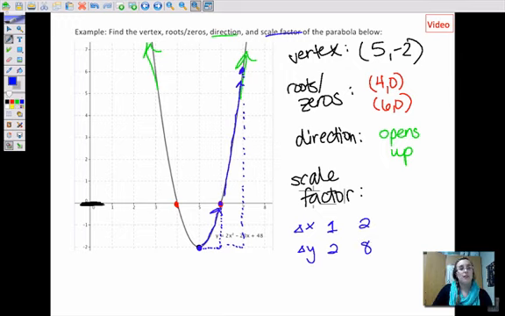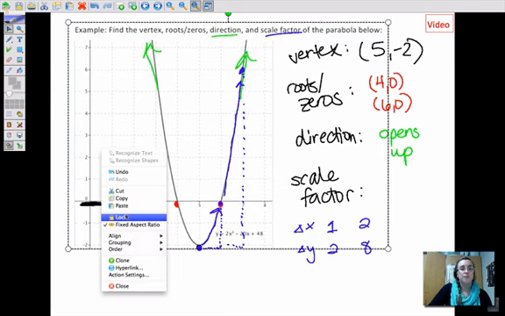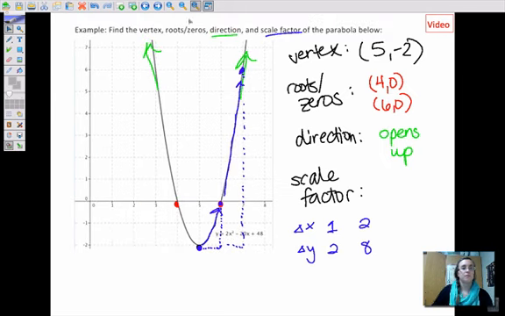And I want to compare that to my original, my parent function. So if I'm looking at the parent function of y equals x squared, normally I have (0, 0), (1, 1), and (2, 4) as my points.